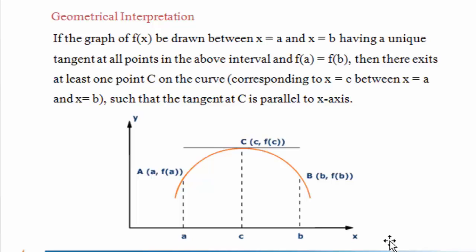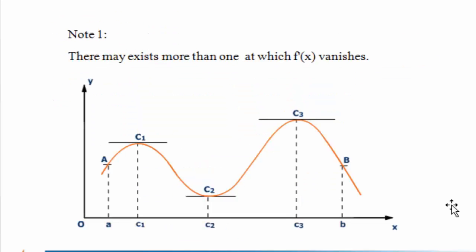Rolle's theorem gives the relation between the function f and its derivative. Note 1. There may exist more than one point at which f dash of x vanishes.